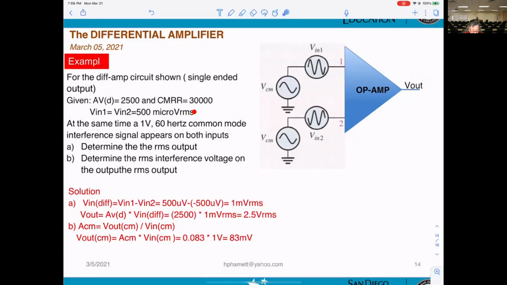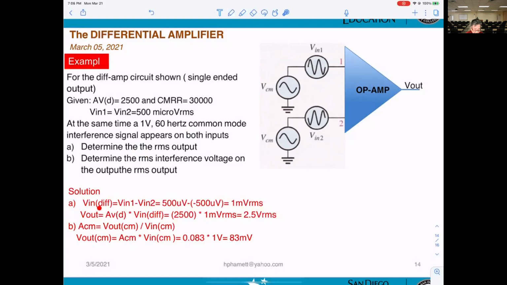At the same time, a 1 volt 60 hertz common mode interference signal appears on both inputs. They want to know what I get at the output.